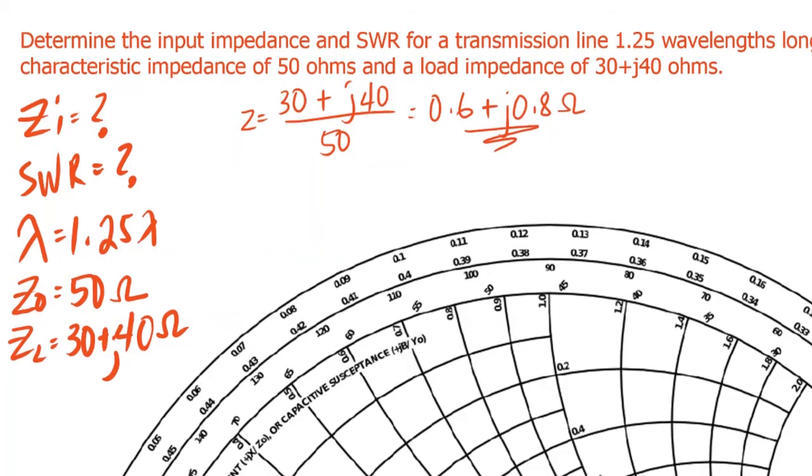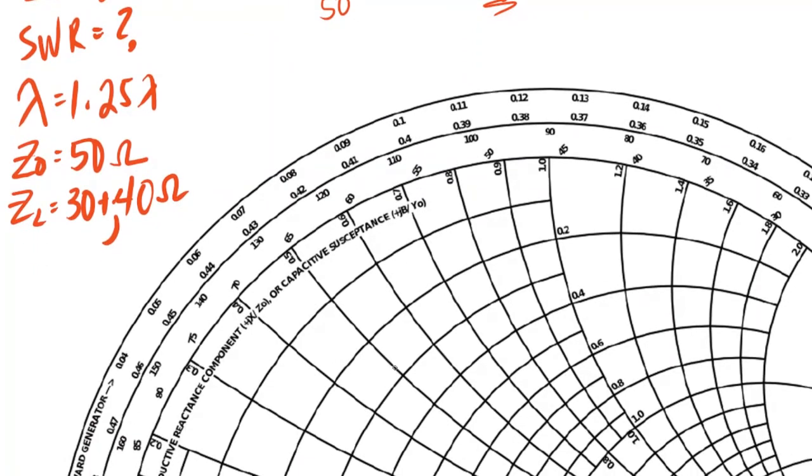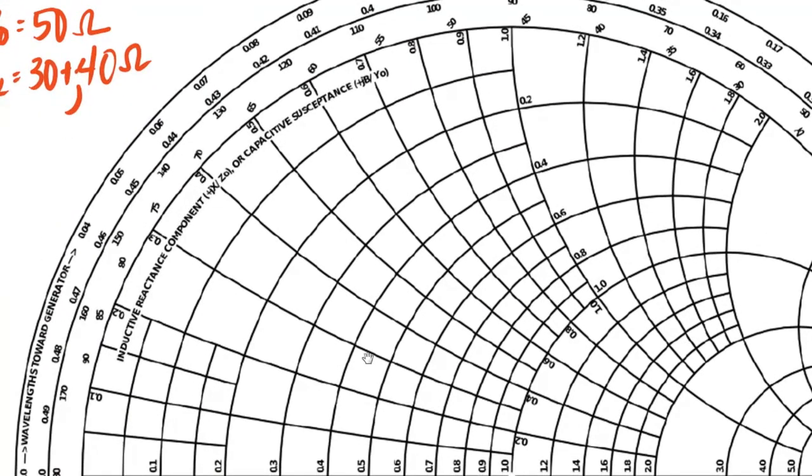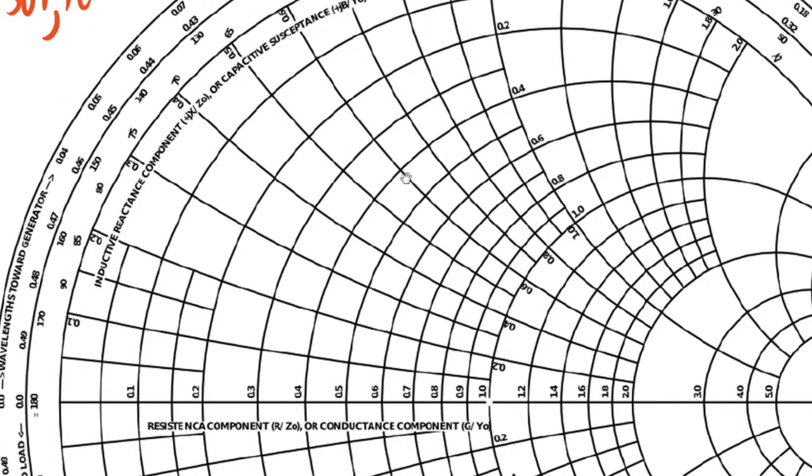So, we will find it on our Smith chart. 0.6 is on the resistive axis, and 0.8 is on the inductive side because it is positive, so going down.